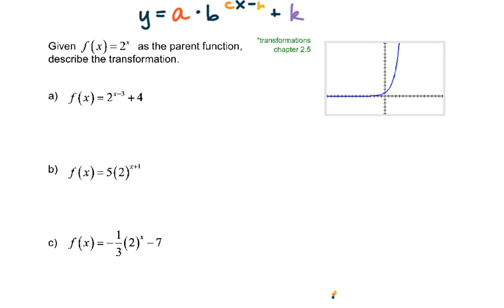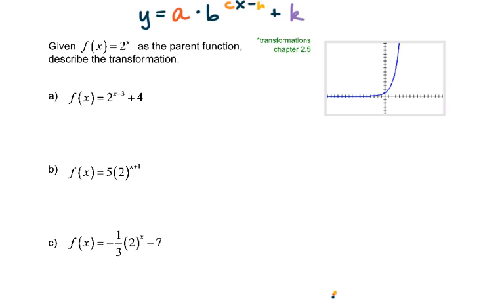Okay, so multiplying by a shrinks, stretches, reflects vertically. Multiplying by c shrinks, stretches, reflects horizontally. Remember, horizontal does the opposite. Adding or subtracting h is going to shift something to the left or right, and the k is going to cause something to shift up and down.